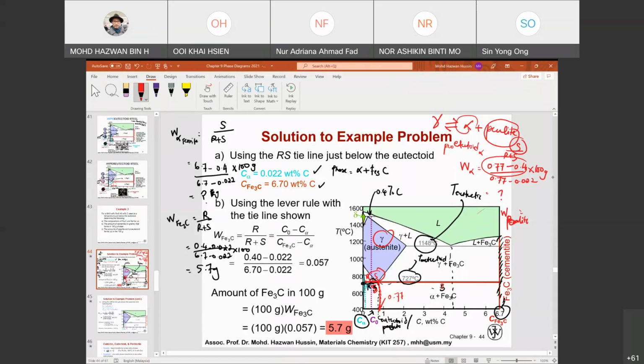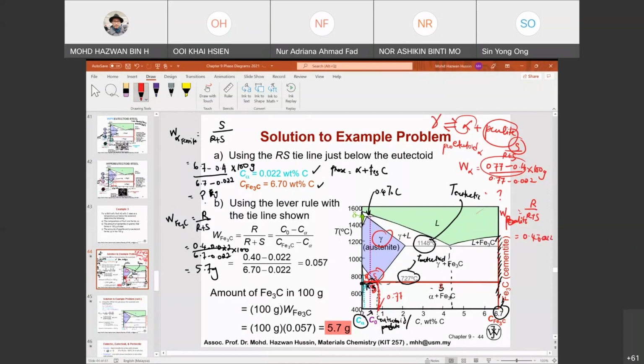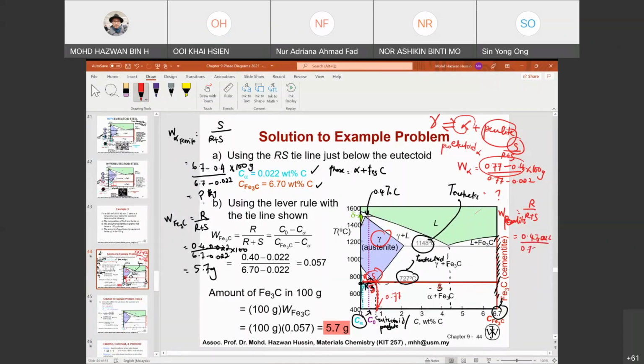So what about perlite? R over R plus S. So what is R? 0.4 minus 0.022, over 0.77 minus 0.022.